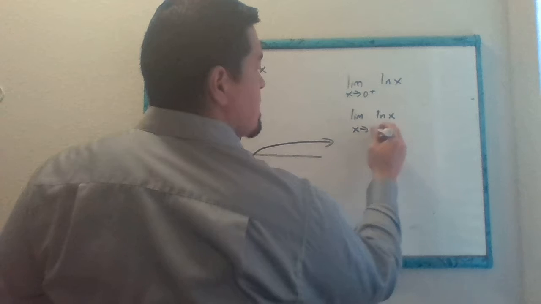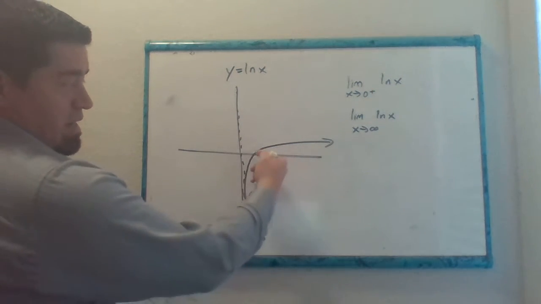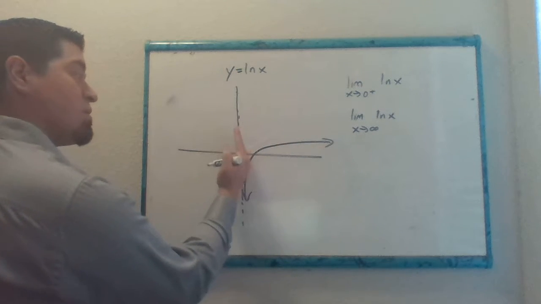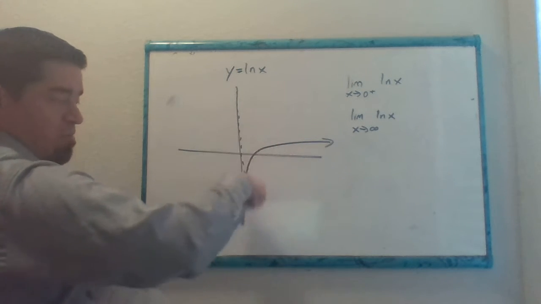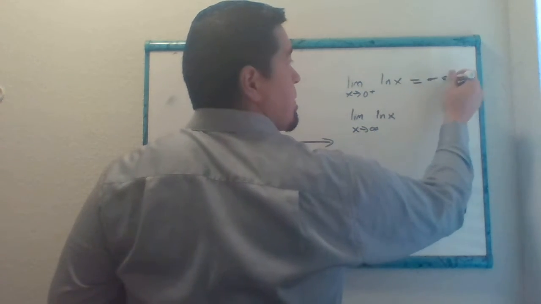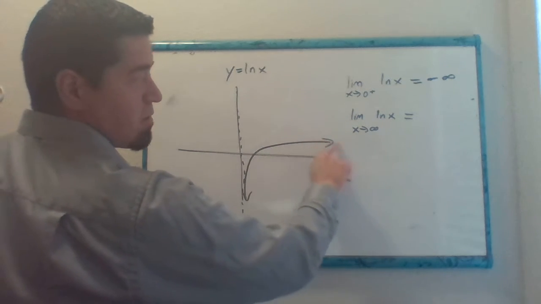So x approaches infinity. Okay, so from the right-hand side, if x is approaching 0 from the right, what do my y-coordinates approach? Negative infinity. And as x approaches infinity, what do my y-coordinates approach?